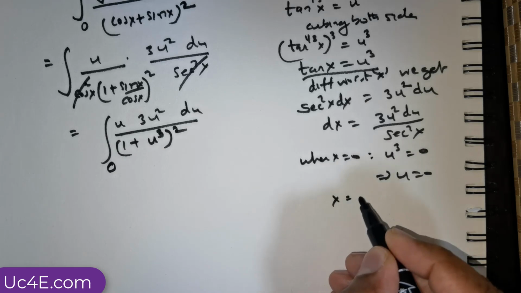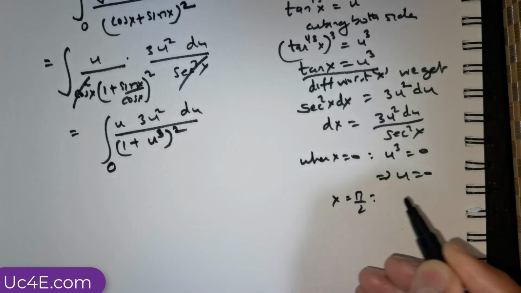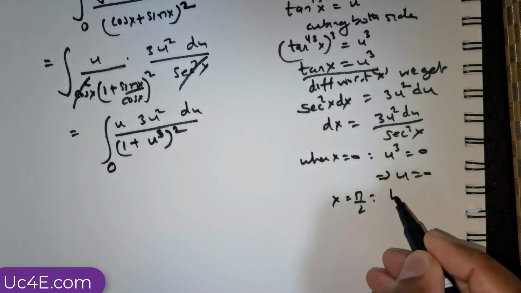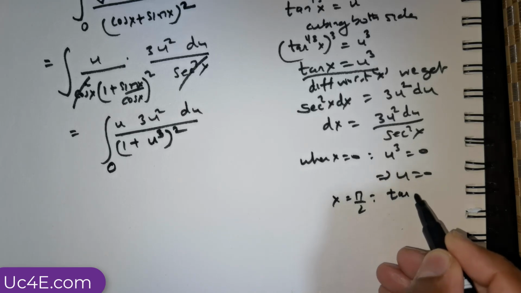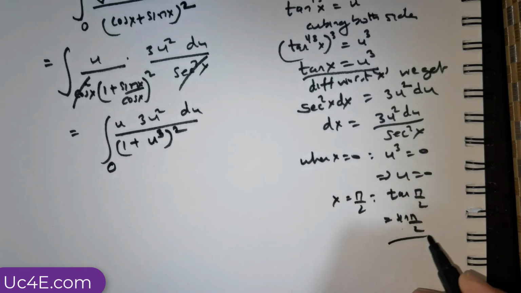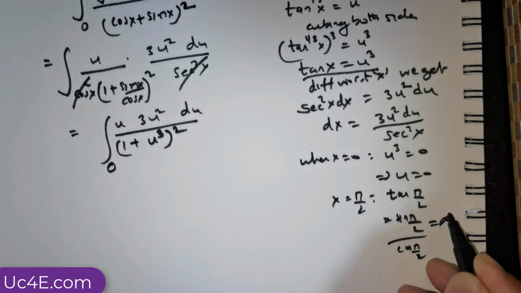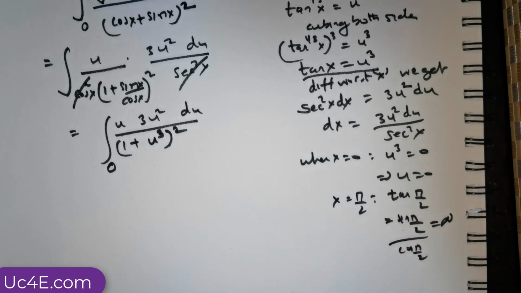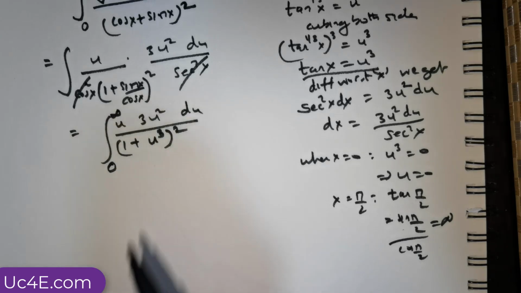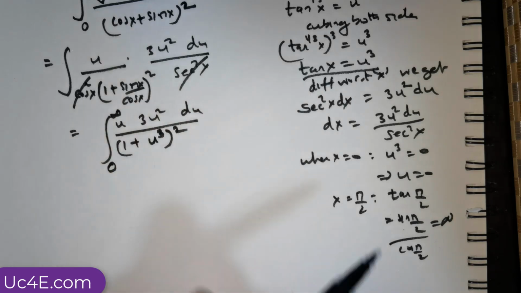Now when x is equal to pi over 2, what happens to tan x? Tan pi over 2 is sin pi over 2 divided by cos pi over 2, which leads us to infinity. So we have a limit from 0 to infinity, and we are expected to integrate this.